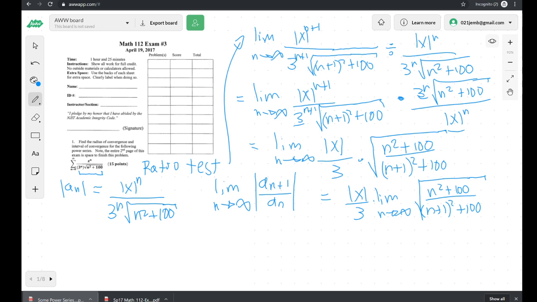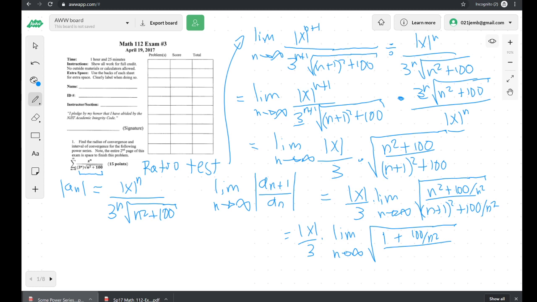You're going to divide the inside of the radical by n squared on top and bottom. There you go. So we have the absolute value of x divided by 3 times the limit as n approaches infinity of the square root of n squared over n squared, which is 1, plus 100 over n squared, divided by n plus 1 squared over n squared.